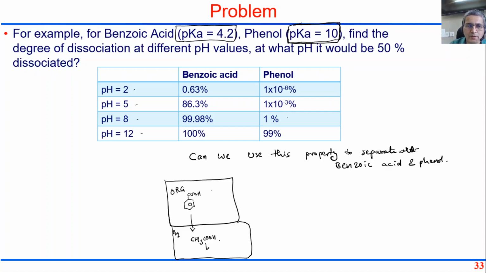Let me draw this. I will have the equilibrium between the benzoate ion, C6H5COO minus, and H plus.